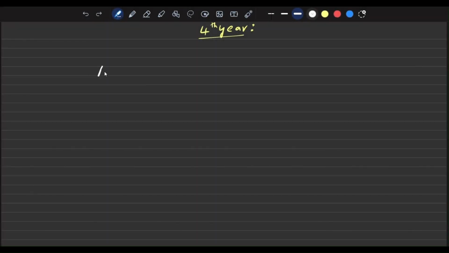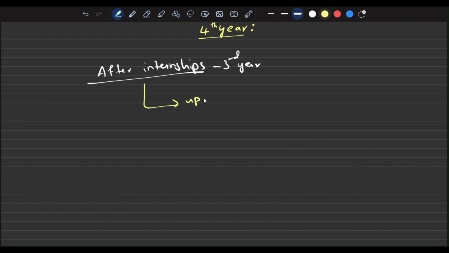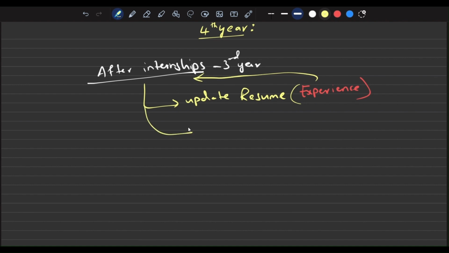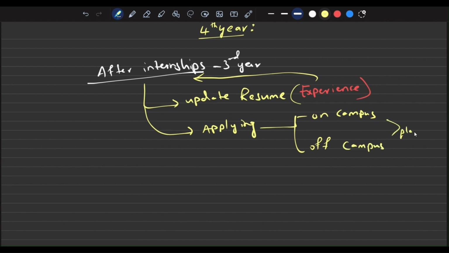Coming to the final year, having completed some internships during your third year, now is the right time to update your resume by including your valuable experience from your internships. Actively apply for both on-campus and off-campus placements at reputable companies.